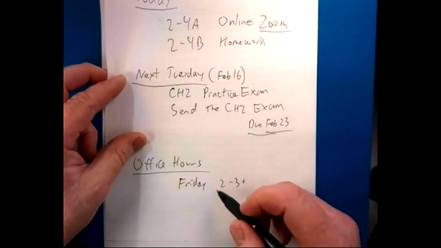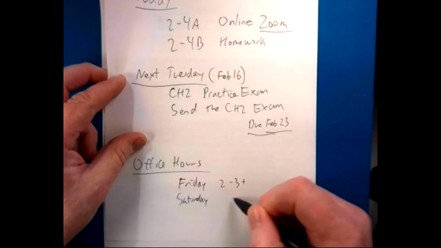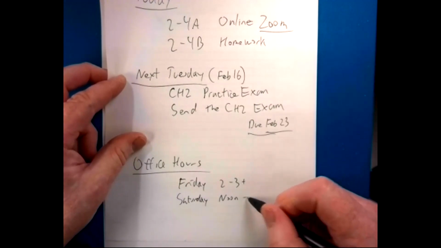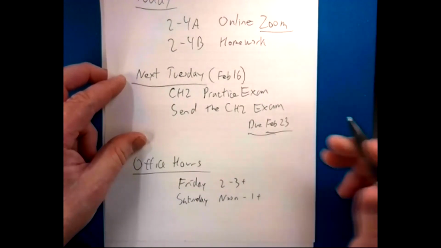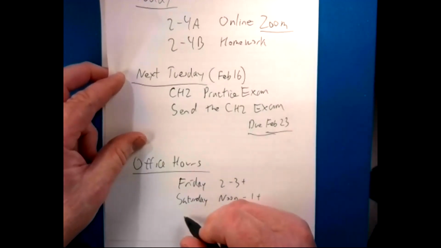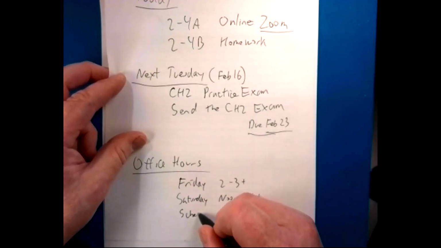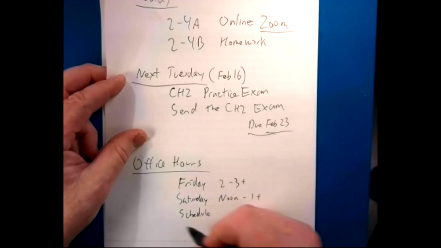I'll go longer if people are working there. And then Saturday at noon to 1, or longer if people are there. But you can also schedule a meeting anytime I'm not teaching. I don't know if I have my schedule up or not. I'll have to post my schedule.